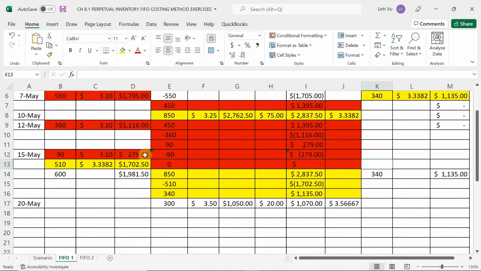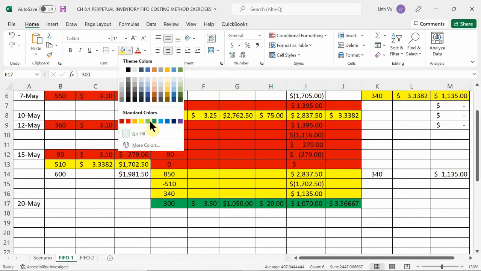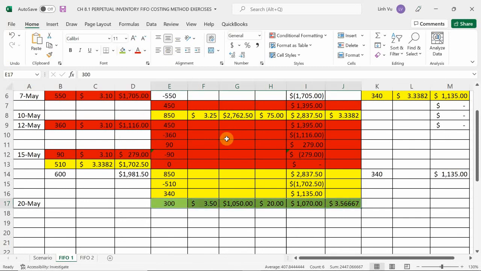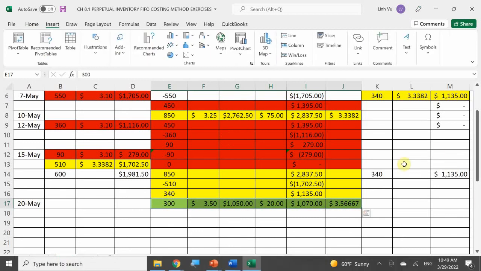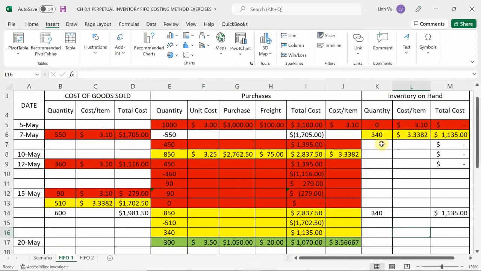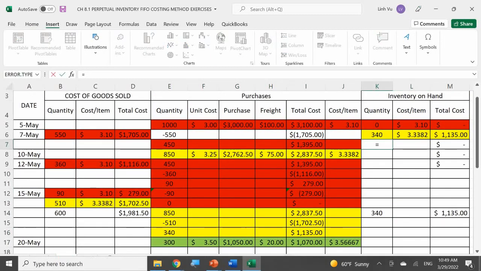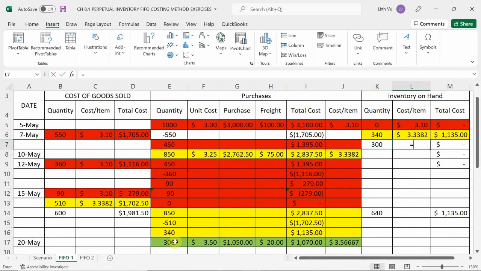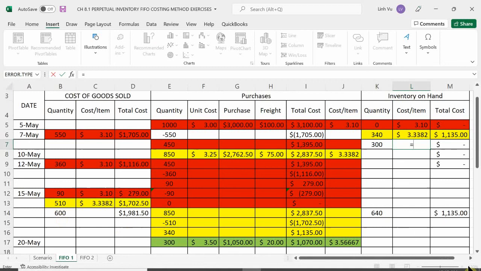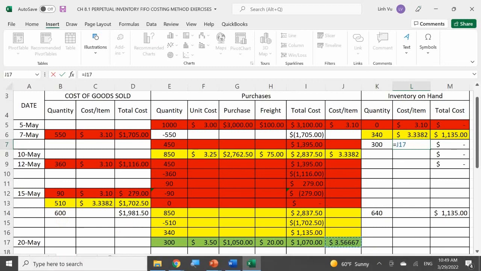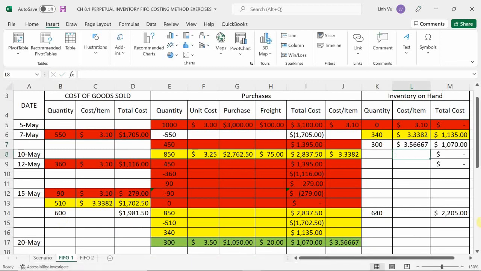So therefore, I just put a new batch of inventory and I'm going to call this batch number, letter, no, color, green. Okay, throw it in there. So that means I have a new batch of inventory. It is for the 300 units at $3.5666666, which is going to give me a grand total of 1,070.